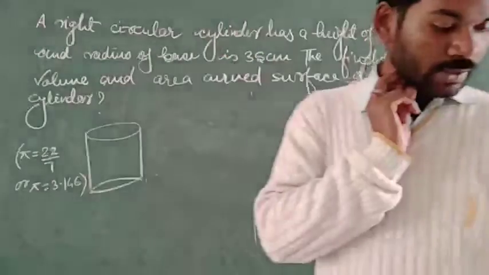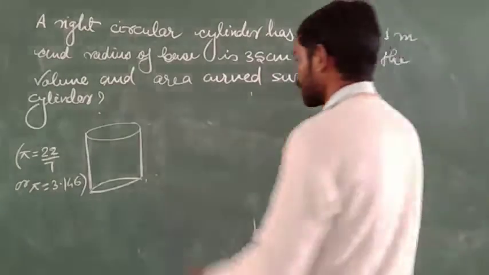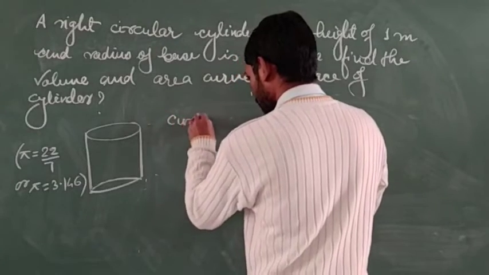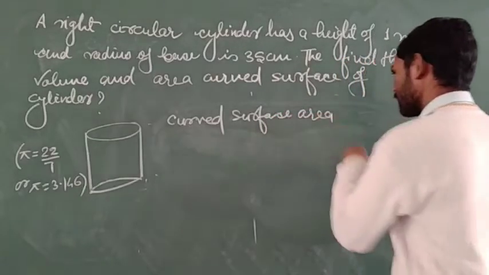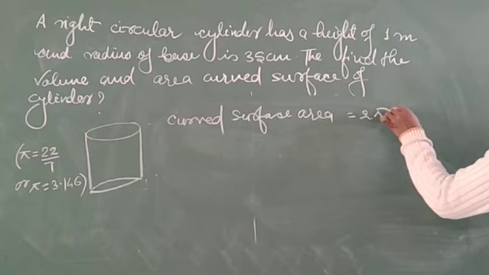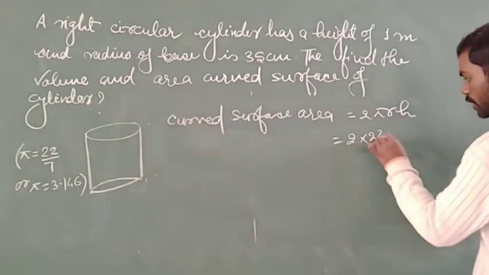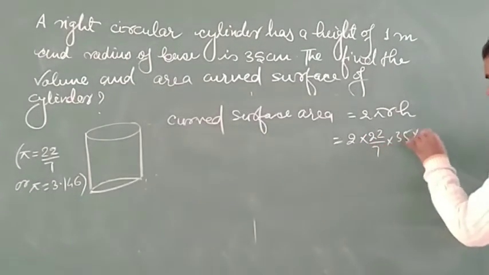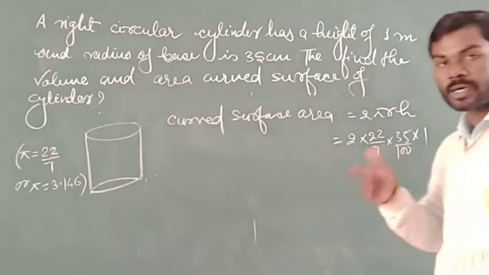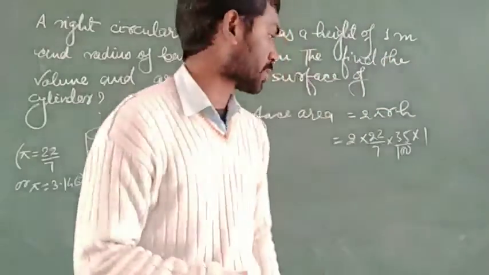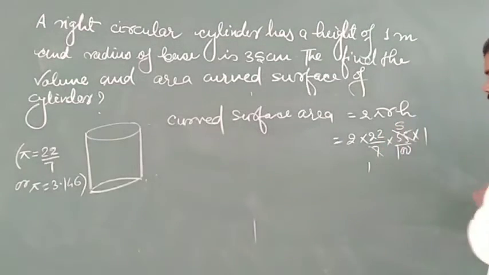When we find its surface area, we know that the curved surface area is given by 2 pi r h. The 2 will be written as 22 by 7 multiplied by 35 and multiplied by 1 meter. So we divide 35 by 100 in order to convert centimeter into meter. Now solve 7 under 7 and it will be 7 5s are 35.